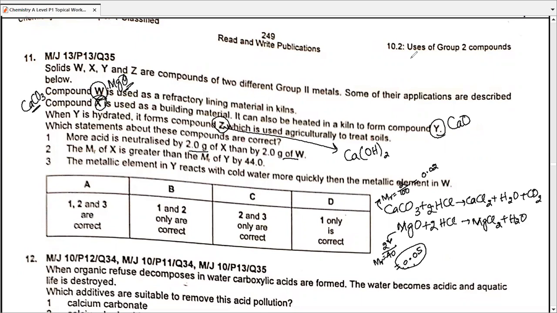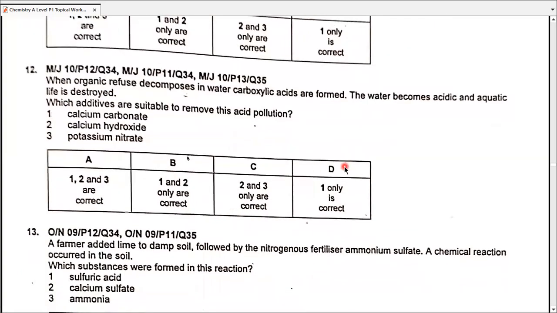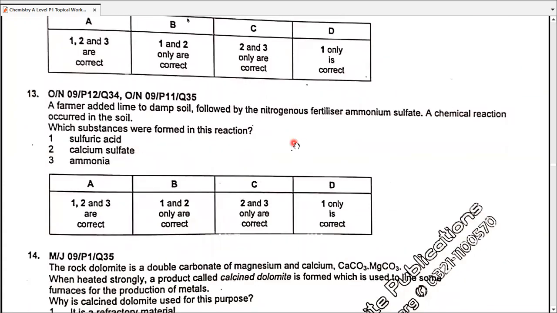Okay, good. Too easy. No, let's not go with this one. Yeah, let's go with this one.